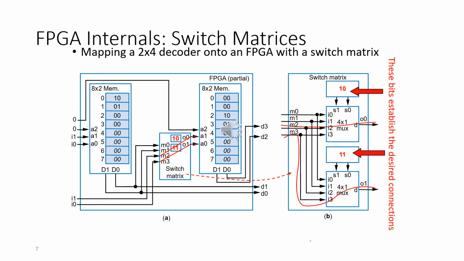So the first input goes from M2, which is 1 0, and the fourth input M3, 1 1, will be directed to the next input. In this way, we have directed the 2 inputs to A1 and A0 of the second LUT, and A2, which is not connected to the LUT, is given 0. So we have programmed the switch matrix in such a way that the inputs are mapped to the address lines instead of being hardwired.